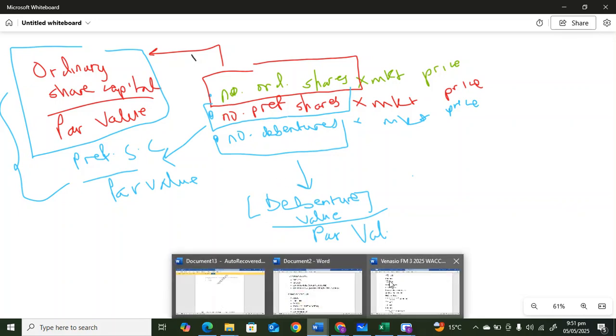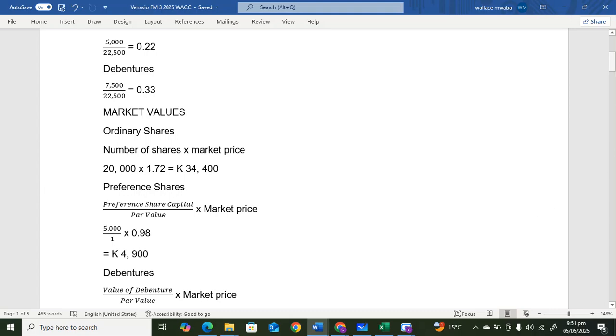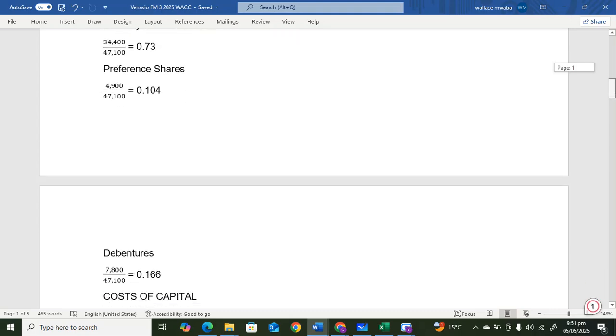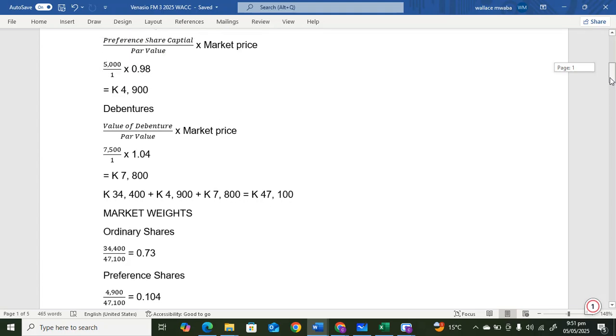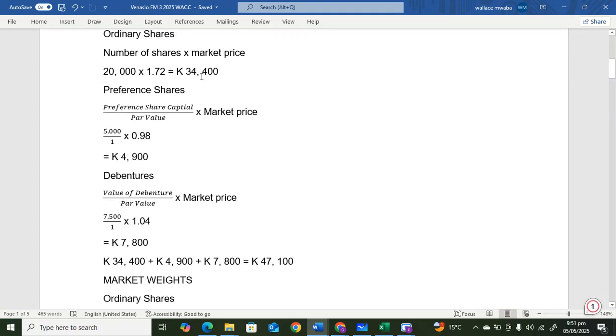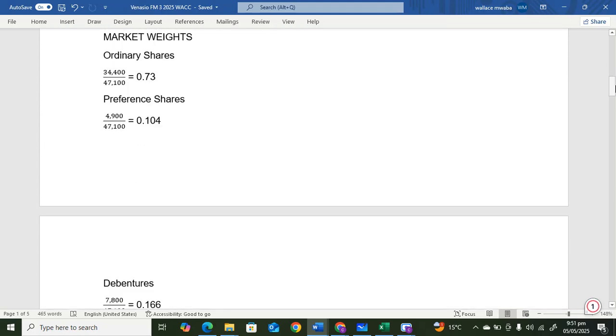So we got our market values. For ordinary shares, 34,400, preference shares 49, debentures 7,800. And we already got their weightages.